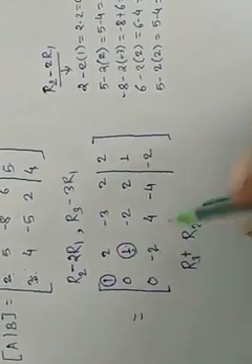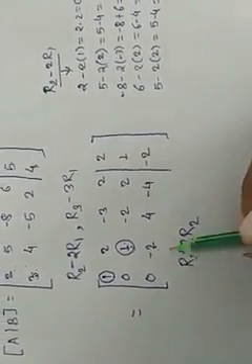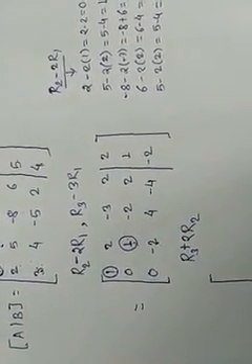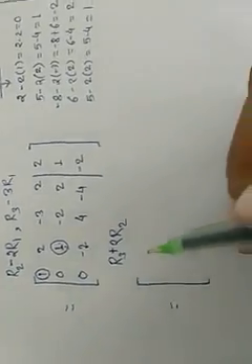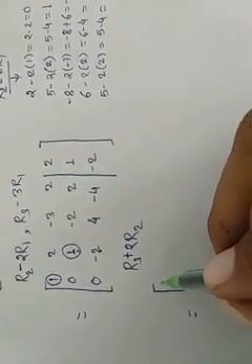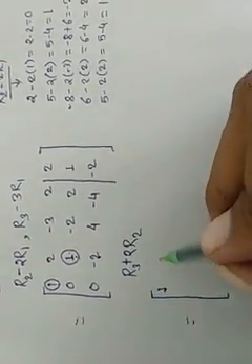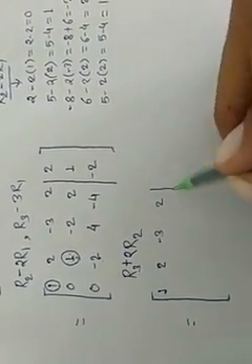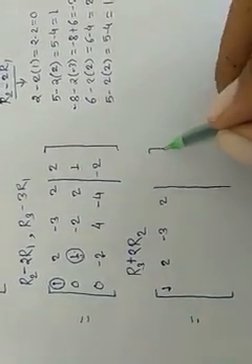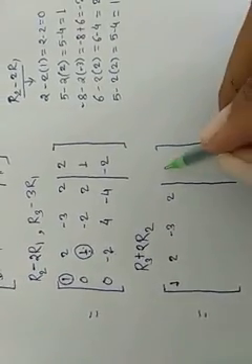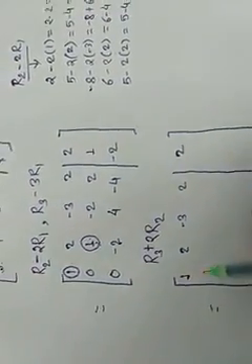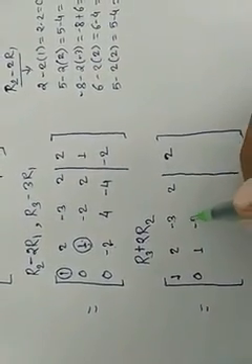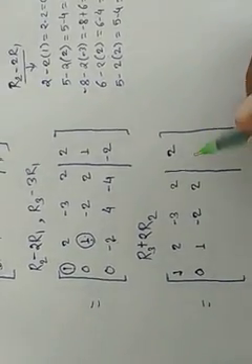We multiply the second row by 2, because here it is 2, and plus 2 minus 2 will be 0. Now the first row is 1, 2, -3, 2, 2. The second row will be 0, 1, -2, 2, 1.